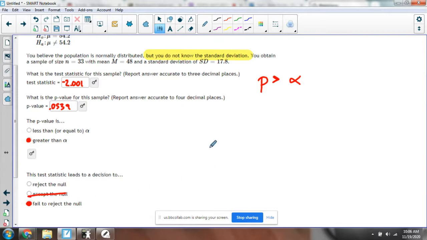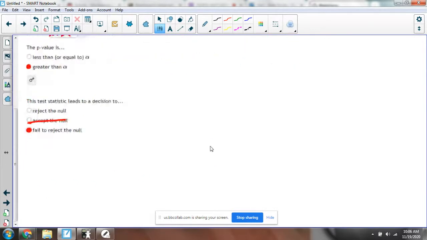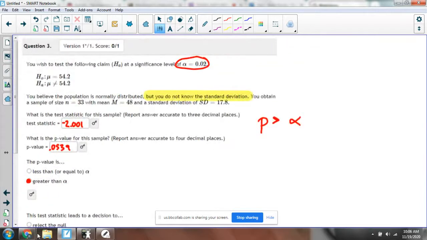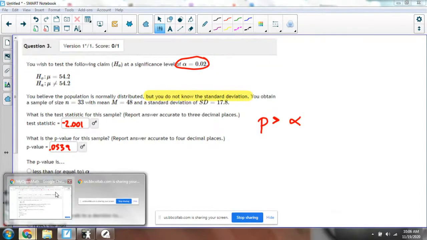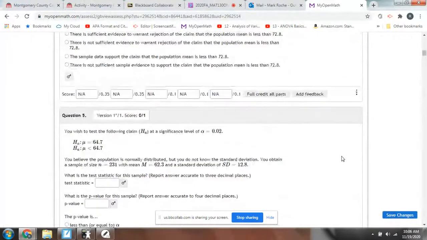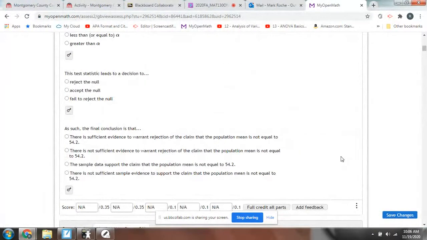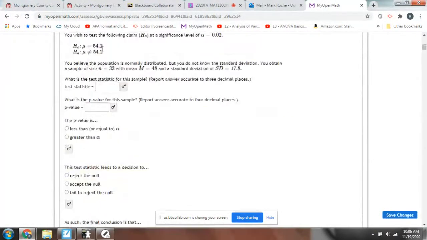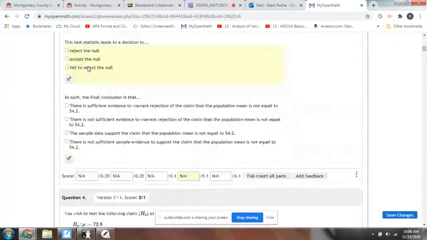Okay? So let me look for the questions. Question 3, let me go back to the problems here. There's not enough evidence to show the alternative. So the options: there is sufficient evidence to warrant the rejection of the claim that the population mean is not equal to 54.2.